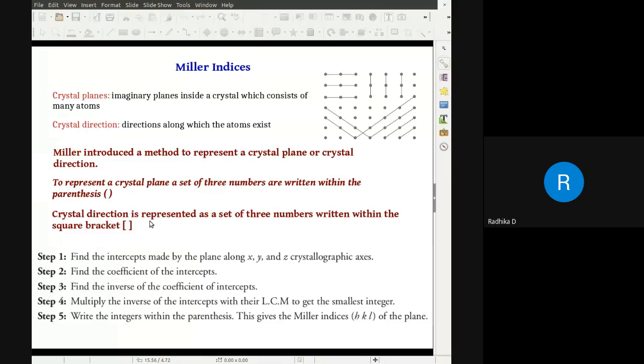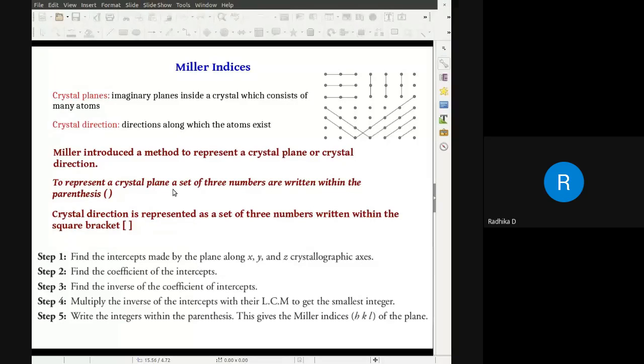If there is a set of three numbers and I put them within square brackets, then it is going to represent a crystal direction. So if I put a set of three numbers within round brackets, then it is going to represent a crystal plane.